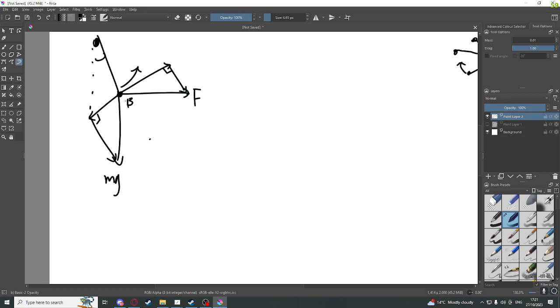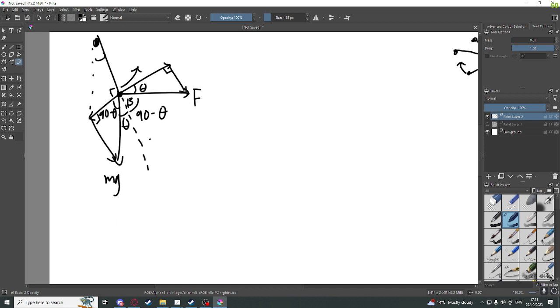So let me just write this here. So that's theta. We know that that's 90 degrees. This here will be 90 degrees minus theta. This here will again be 90 degrees minus theta, and this here will be theta.